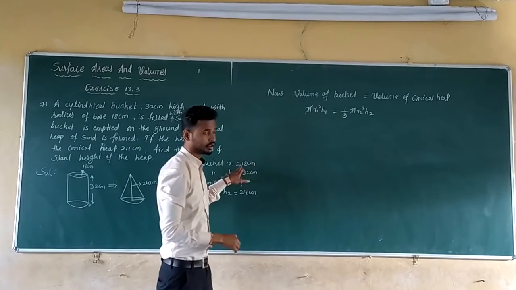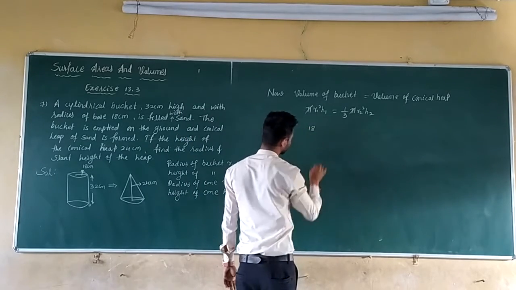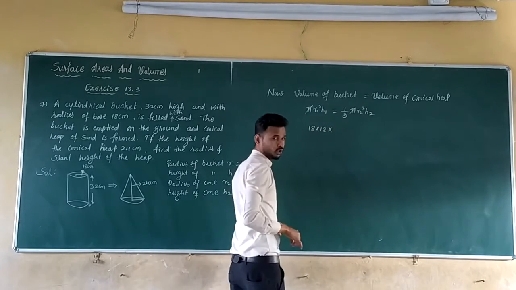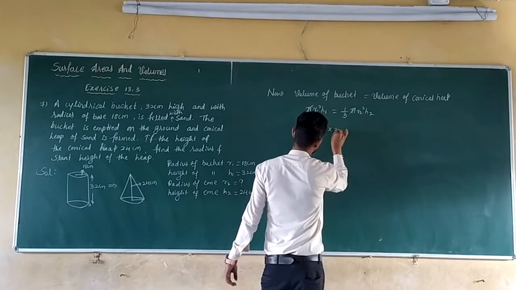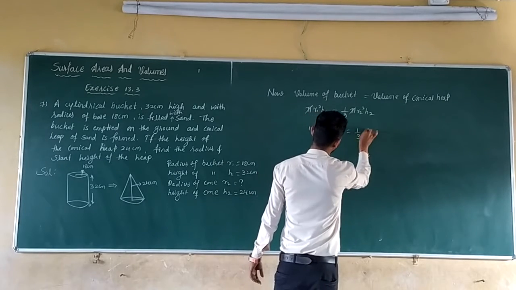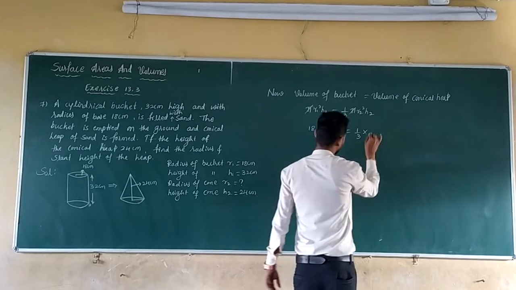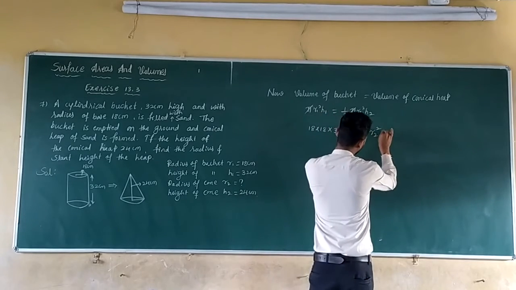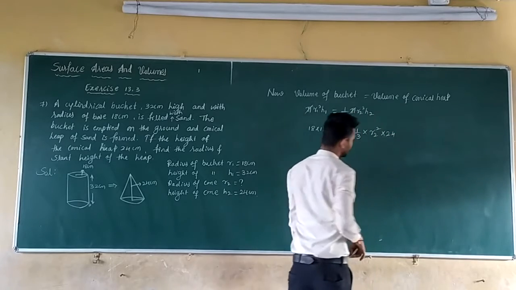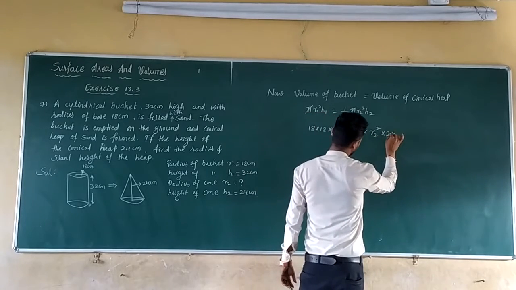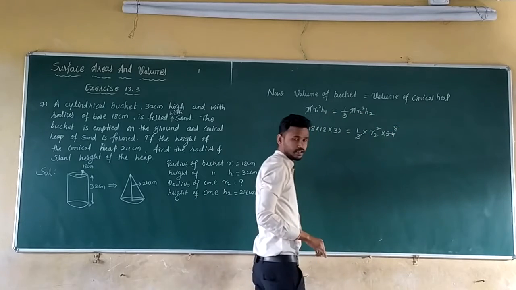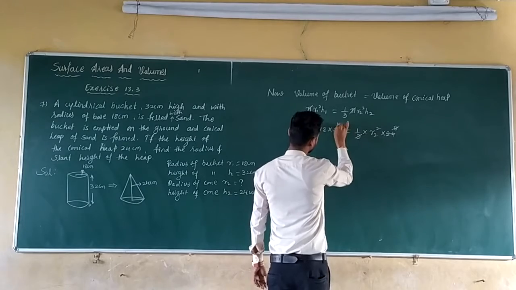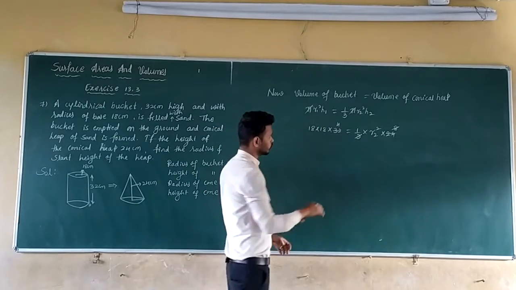R1 how much is there? 18 into 18 into H1, how much is there? 32, which equals 1 by 3 into R2 square, means we need to find the radius of the cone, into H2, 24. 3 1s are 3, 8s are 24. Next, 8 1s are 8, 4s are 32.